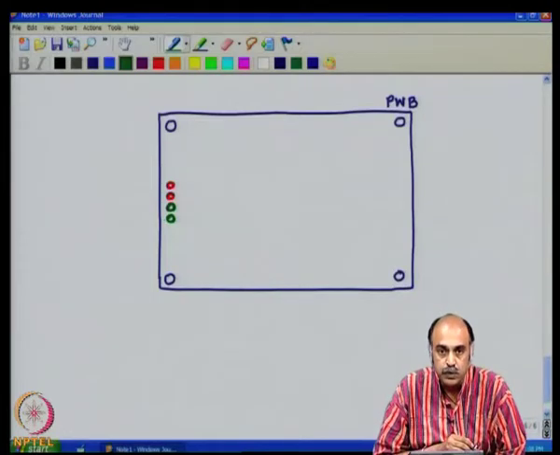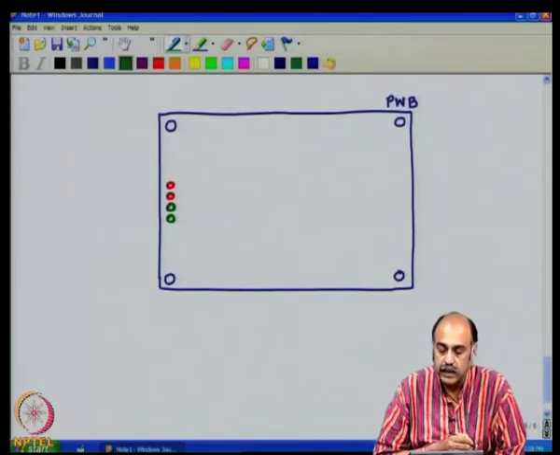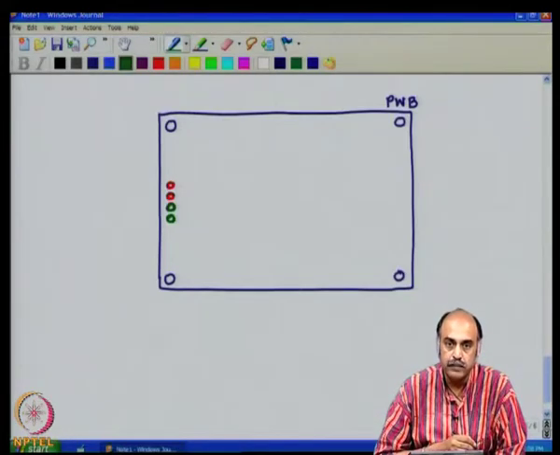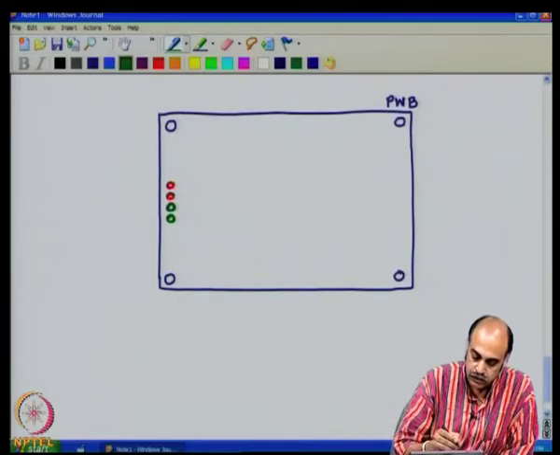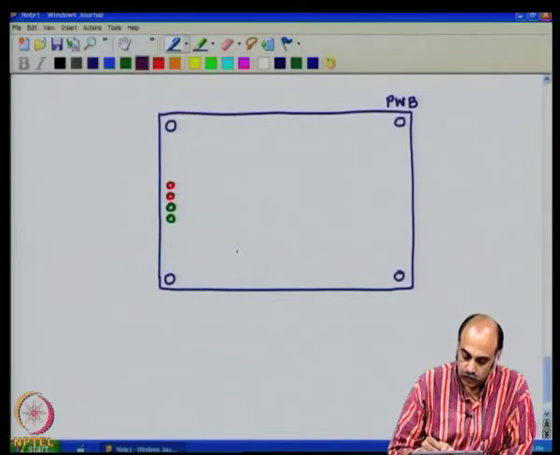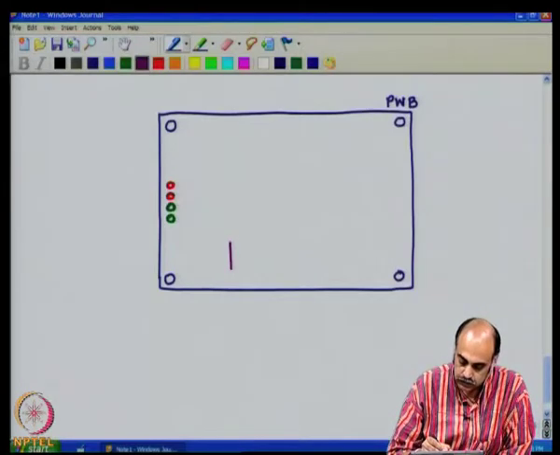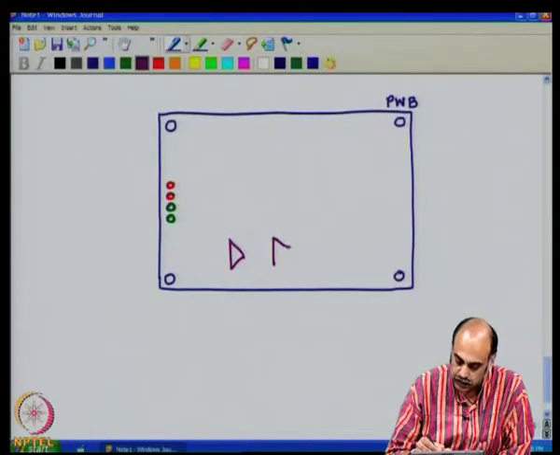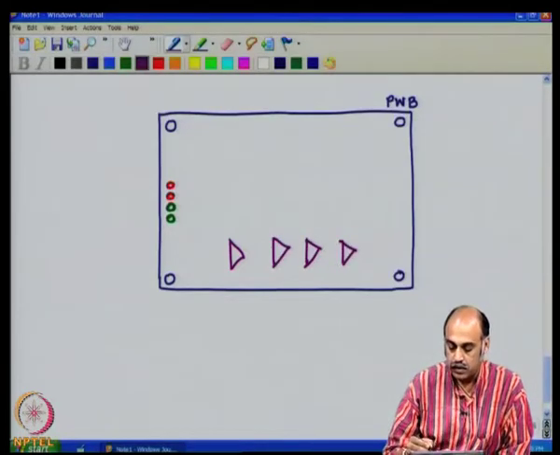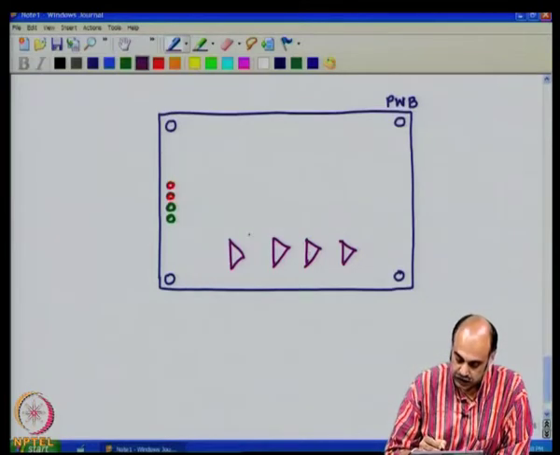Now, whenever you have both digital and analog parts in the PCB, you have to separate them into two parts. All the analog part, you place them to one side of the PCB, do not mix them except at the final stage.